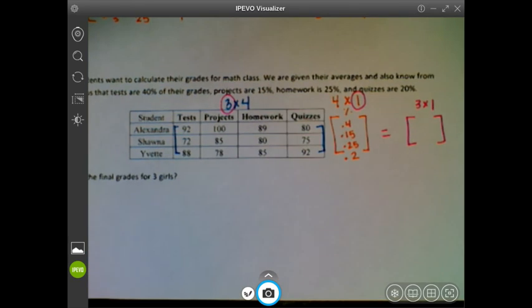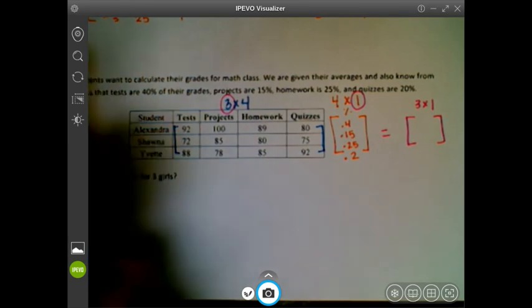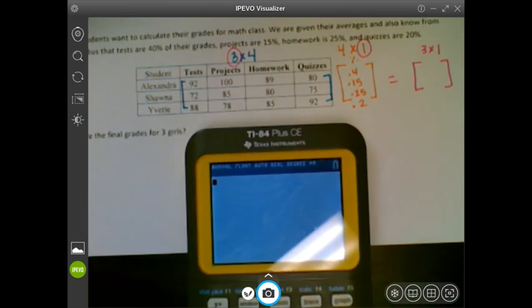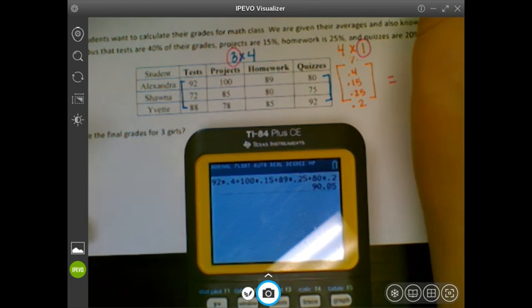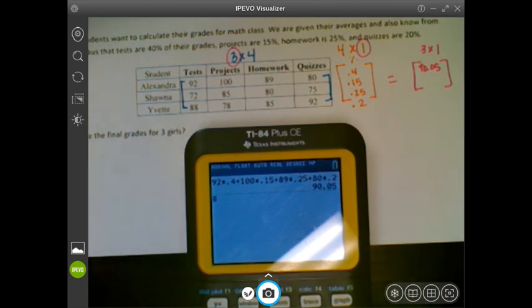And so this might be a good one to use your calculator for. 92 times 0.4 plus 100 times 0.15 plus 89 times 0.25 plus 80 times 0.2. So the first girl would be a 90.05.